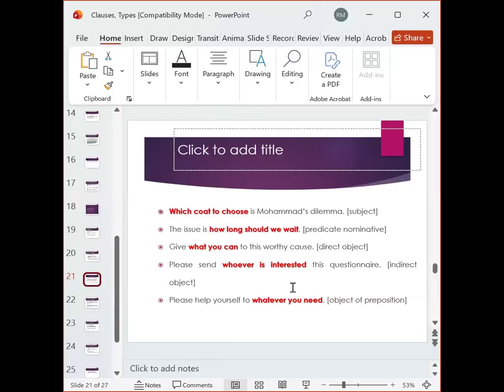And that's what is happening here. The issue is, how long should we wait? And we say these things in our sentences without even knowing that these are clauses that are functioning as everyday word classes like nouns. So the issue is, how long should we wait?